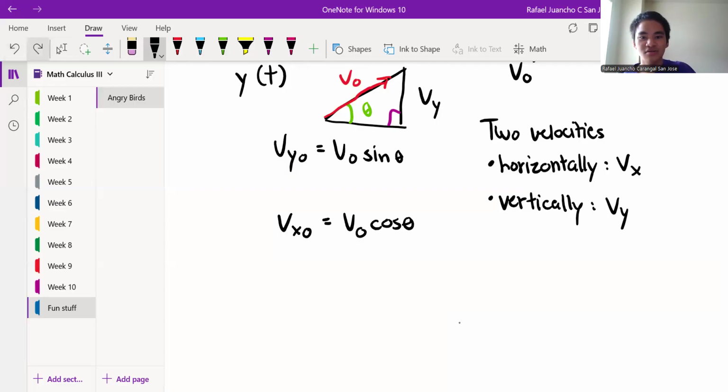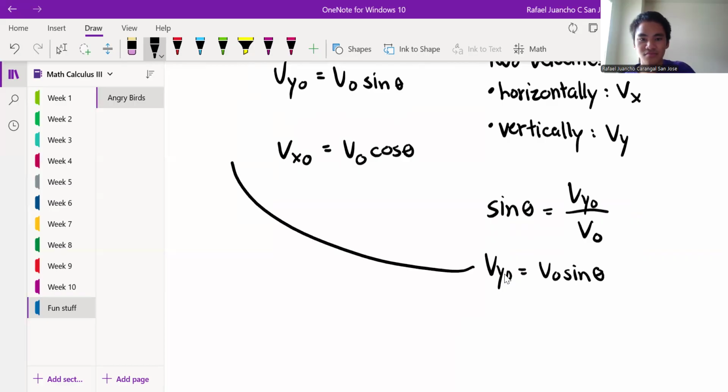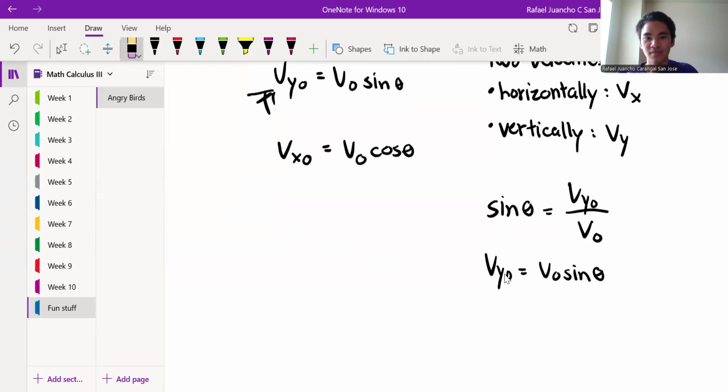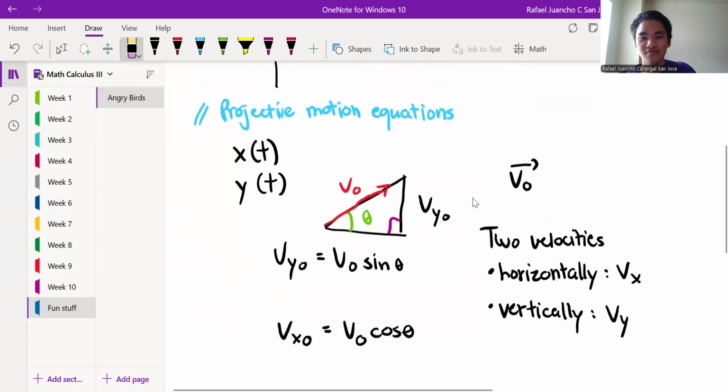That's our initial speed in terms of vertical. And we just use sine: sine theta is the opposite divided by the hypotenuse. And now we can multiply V naught to both sides. So we get this equation. So that's how we were able to get both of them, using a little bit of trig here.